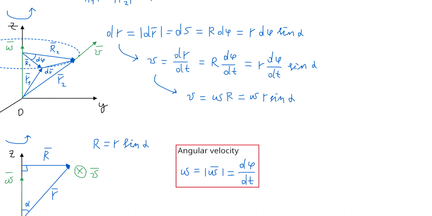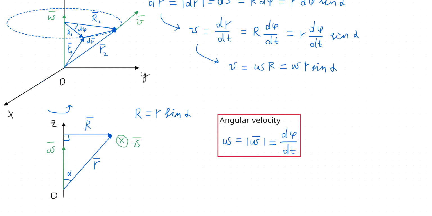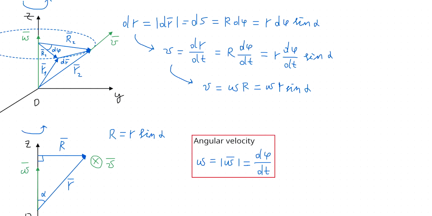And how to write this in vector form? According to vector algebra, it is possible to prove that, to satisfy the directions on this picture, we can rewrite this formula in vector form with the vector product or cross product.